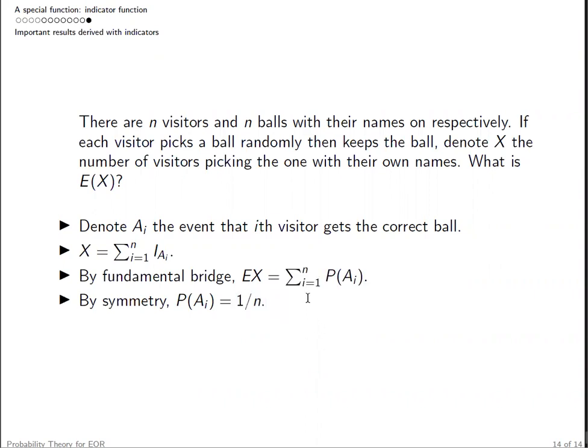And the summation of n terms of 1 over n is simply 1. So on average, we expect one visitor to get the correct ball.